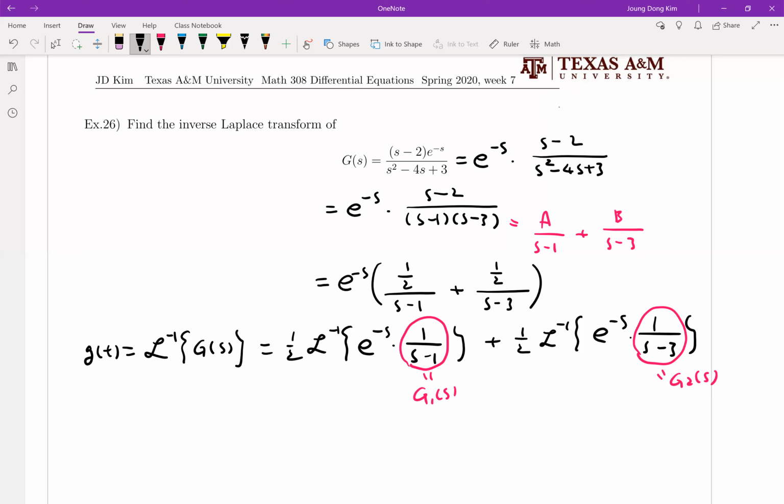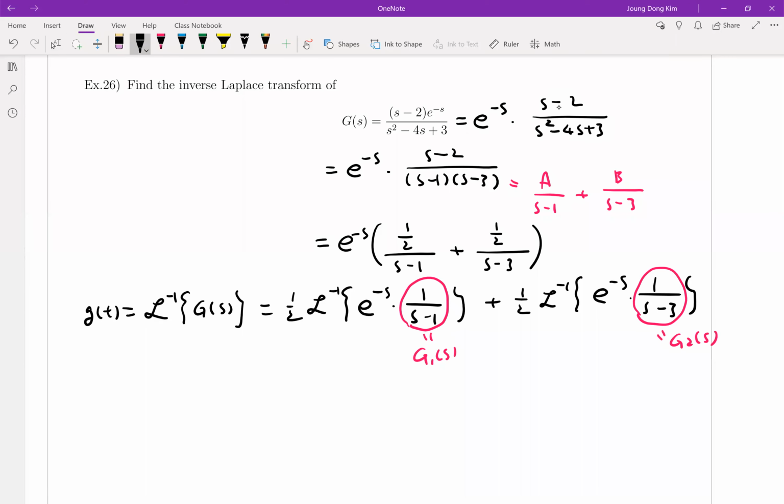Then by number 13, it is equal to 1/2 the unit step function u1(t) times g1(t minus 1), because we get a one-unit shift, plus 1/2 u1(t) and g2(t minus 1) as well. And now we have to figure out g1 and g2, right?